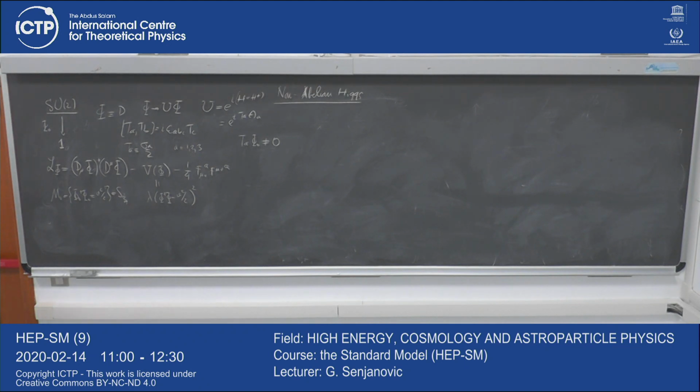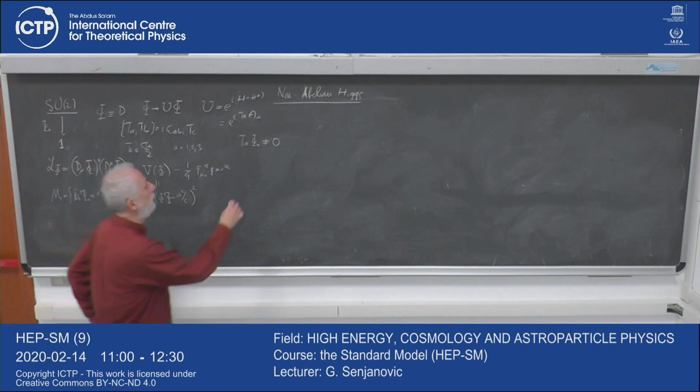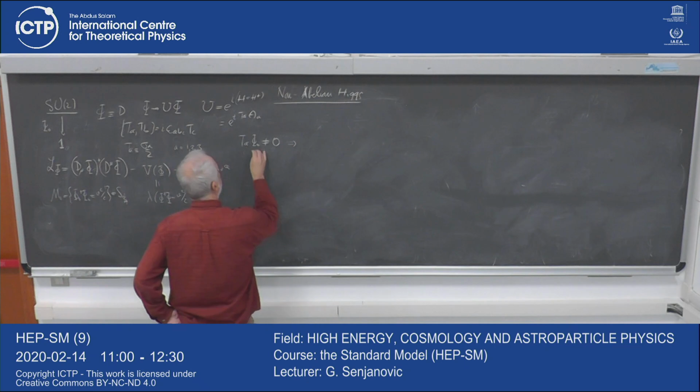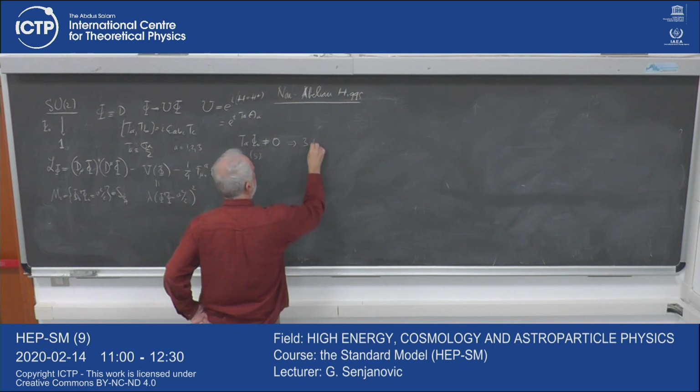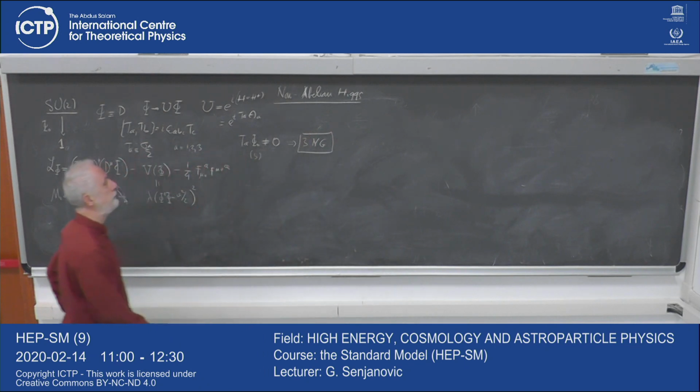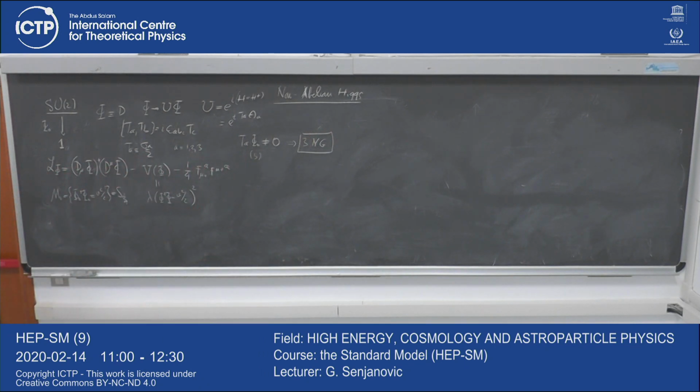So in other words, I expected 3 massless Nambu-Goldstone bosons, right? Sure. Broken generator, massless gauge field, so there are 3 of them, I expect 3 Nambu-Goldstones. Anyway, it's easy to see.